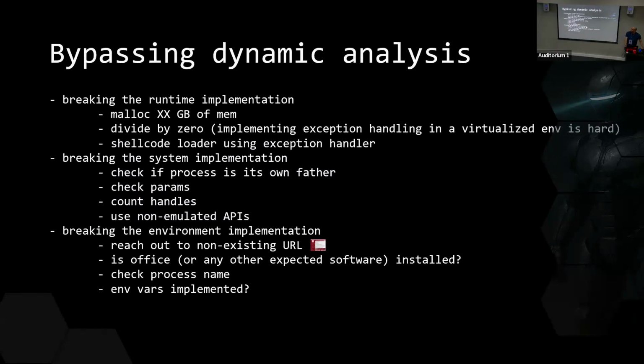Now, to talk about bypassing dynamic analysis. There's a whole bunch of techniques. I'm not going to go into each of them, but I wanted to highlight one, where the image is very small. I'm going to zoom it in soon, but it's reach out to non-existing URL.